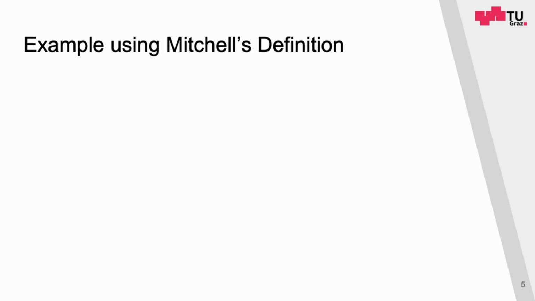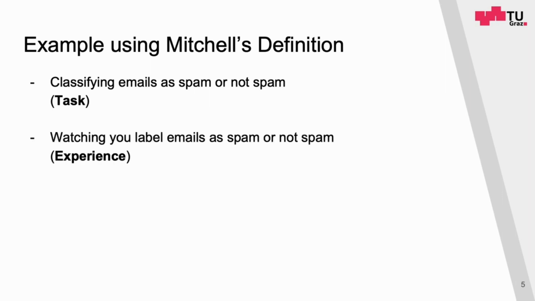If we look at the example using Mitchell's definition from the previous slide, we can say that the task is classifying emails as spam or not spam. So this is the task of the program. And watching you label the emails as spam or not spam is the experience of the AI.